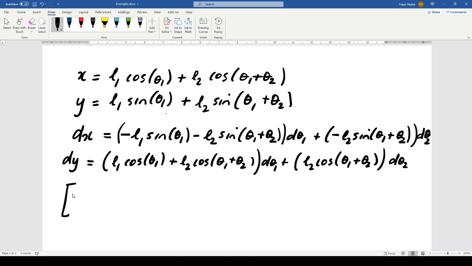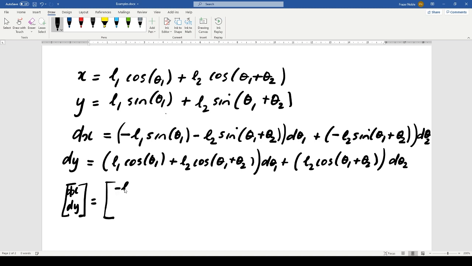So we could write it as dx and dy being equal to a 2 by 2 matrix. So we have all of our d theta 1 terms written here.